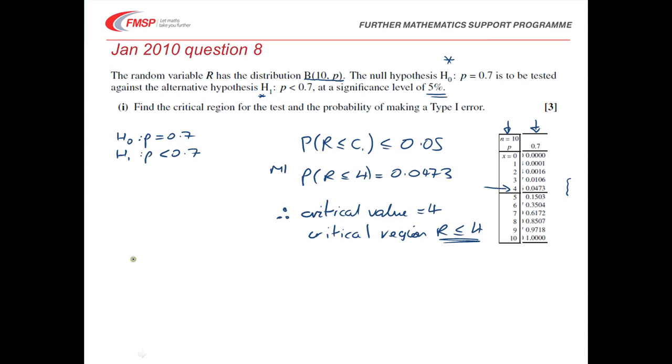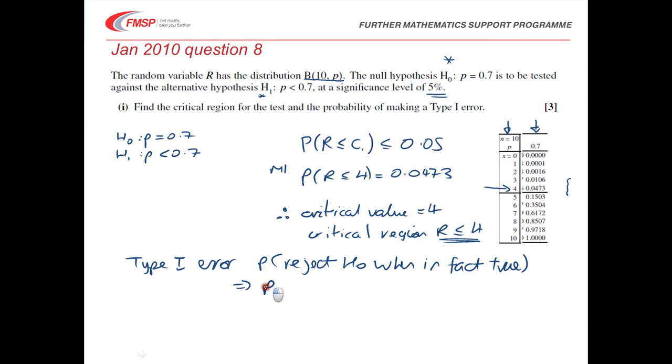Now, type 1 error, you need to know this. A type 1 error is the probability of rejecting H0 when in fact it is true. And actually it's exactly the same as the probability of the true significance, and that is the probability of being in your critical region.